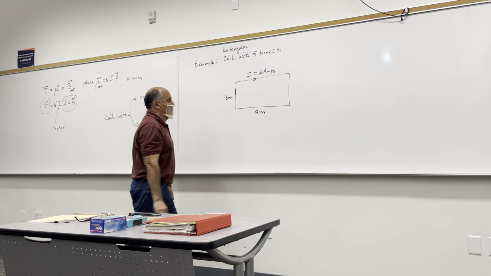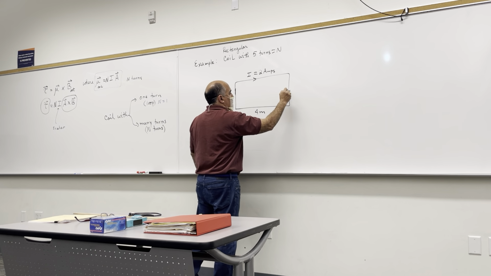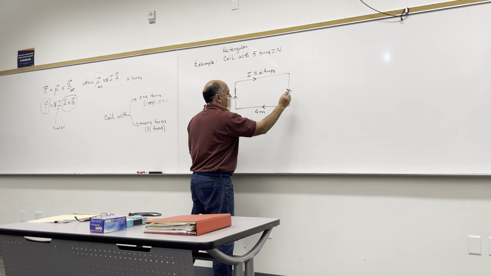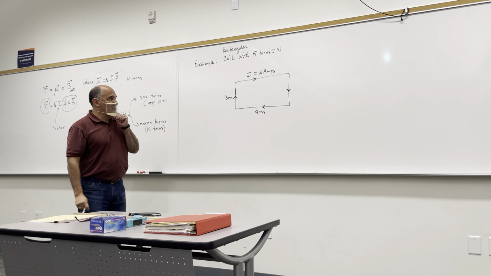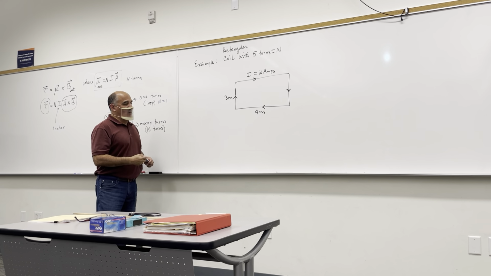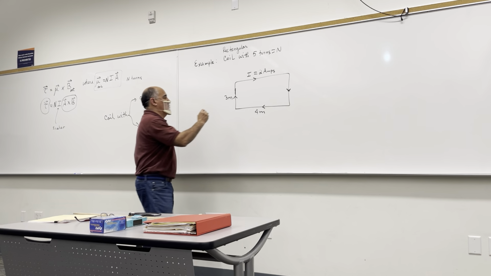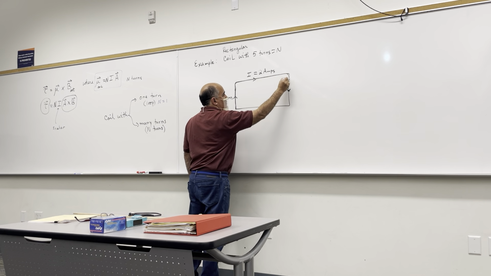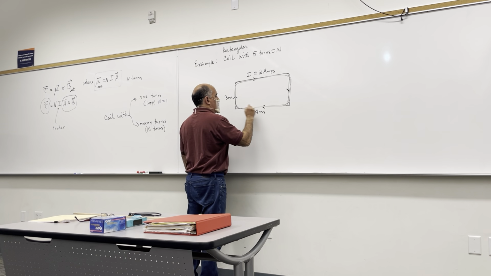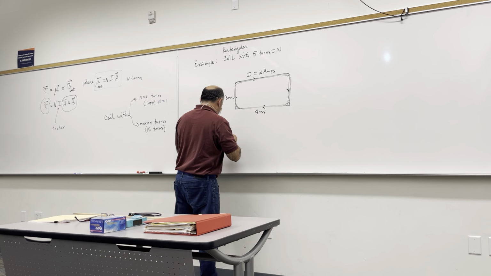It's a rectangle, so this one is also 3 meters, but the current is this way. Now, this rectangular coil with 5 turns, that would be 1, 2, 3, 4, 5 turns, right?